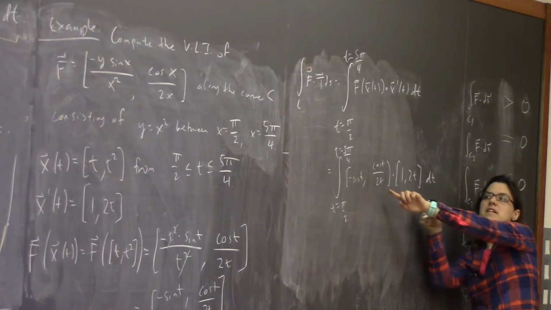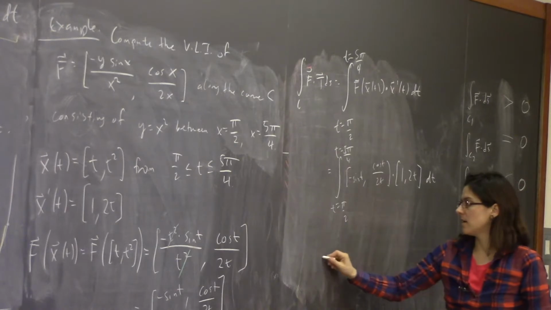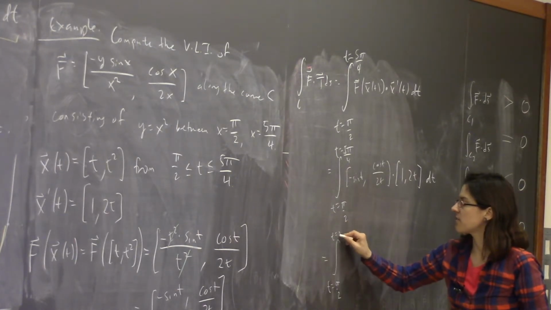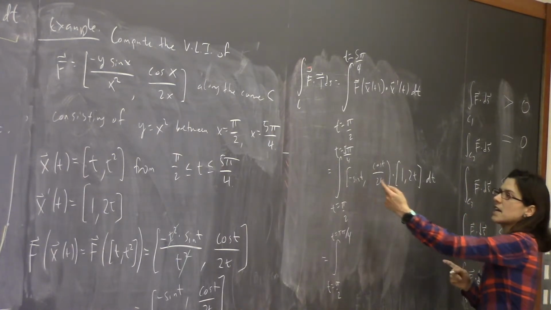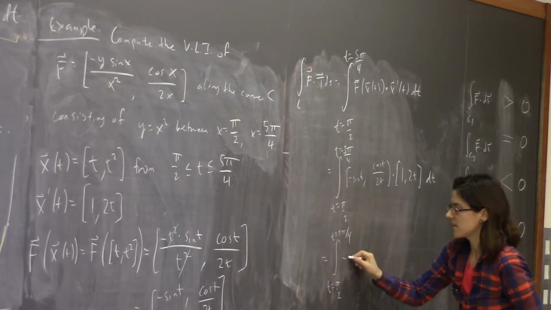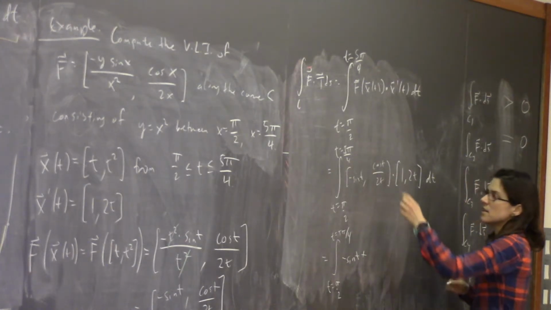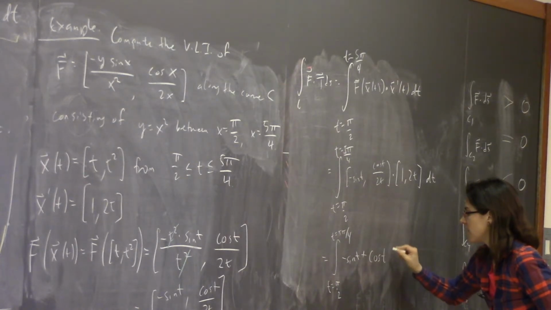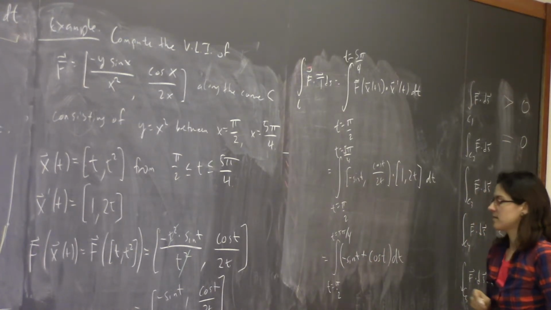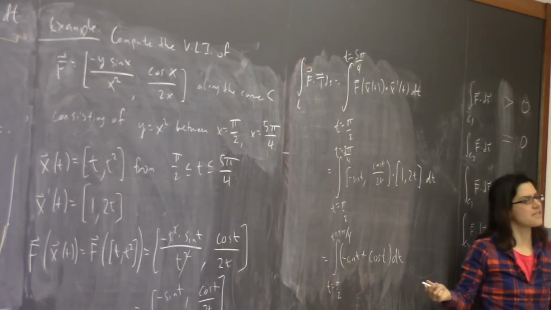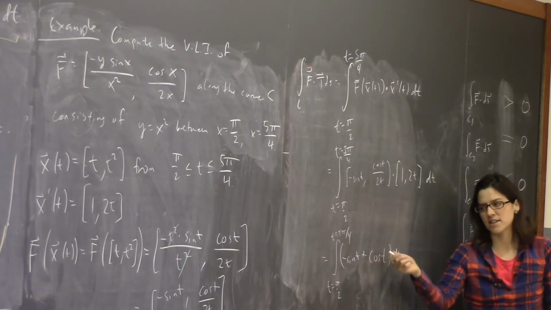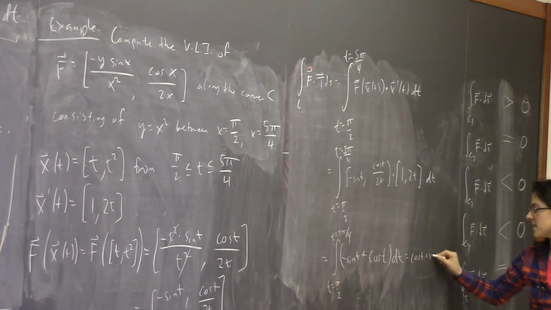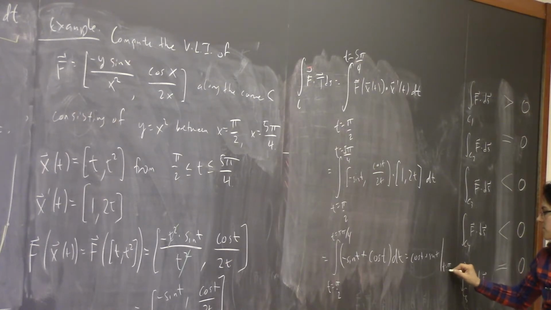Now these are vectors, but we take their dot product, and it'll give us a number. Negative sine t times 1 is negative sine t, plus cos t over 2t times 2t, that's cos t. And we integrate that dt. Whew. Now this is something you can do. You can take the antiderivative of both of these things. It's cos t plus sine t, and plug in from t equals pi over 2 to 5 pi over 4.